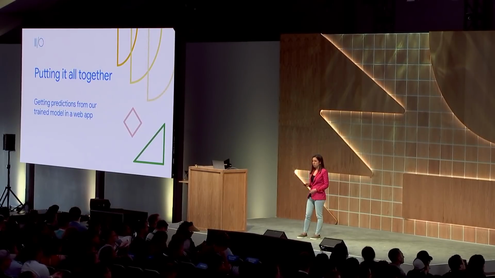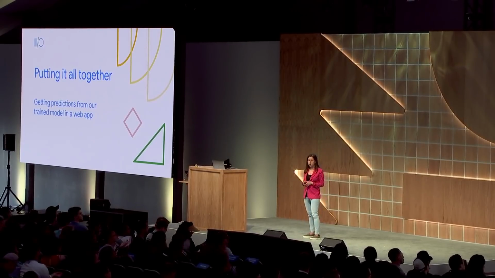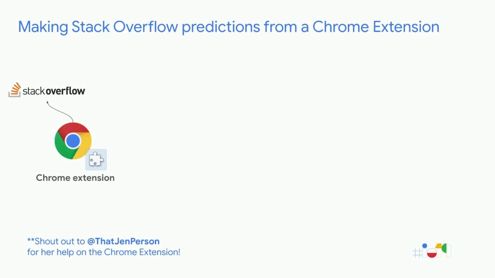To wrap things up, we're going to put this all together and get predictions from our model in a web app. So it would be really useful if we could, as we're typing a Stack Overflow question, see which tags are associated with it. So with the help of my teammate, Jennifer Person, you should follow her on Twitter, we built a Chrome extension. What the Chrome extension does is it takes the HTML of our Stack Overflow question.